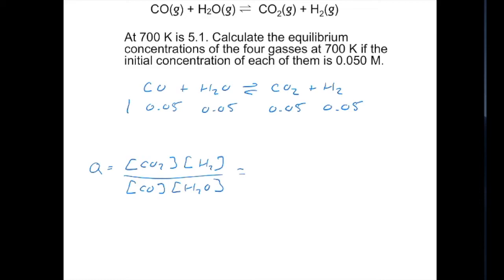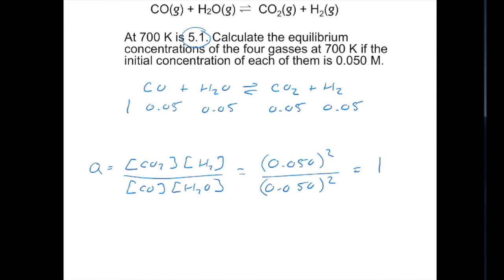And so that's going to end up being 0.050 squared divided by 0.050 squared, and that equals 1. So in this case, since our Q is 1 and our Kc is 5.1, Qc is less than Kc, so the reaction is going to go in the forward direction.